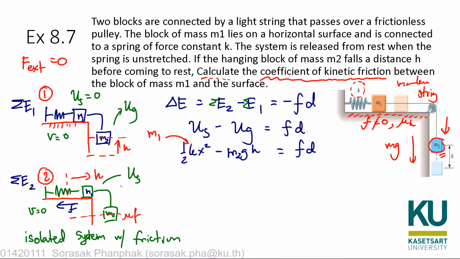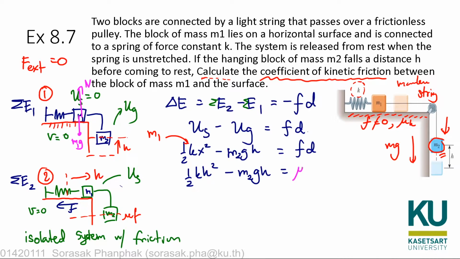X, the change is the height. So finally you get 1/2 k h squared minus m2gh equal to FD. Since F over here is the friction, you have the balance of the force over here, like a Newton, the normal force, and the m1g here.